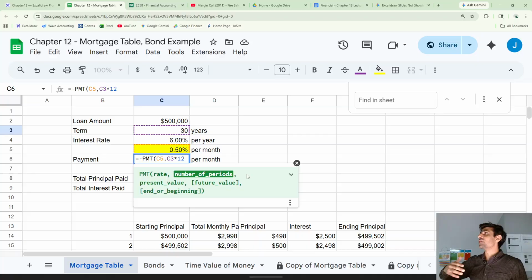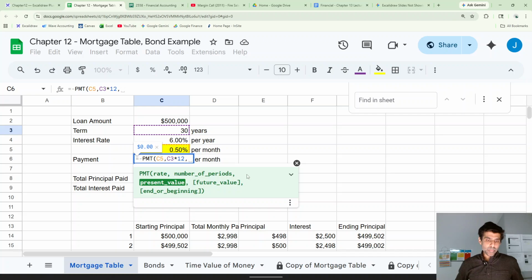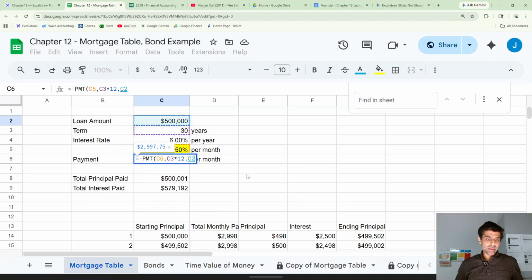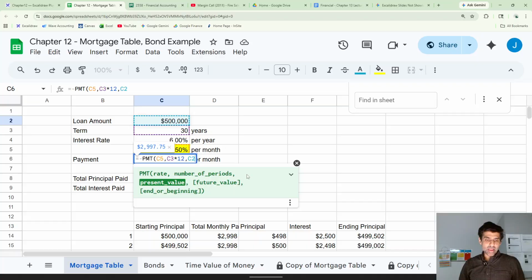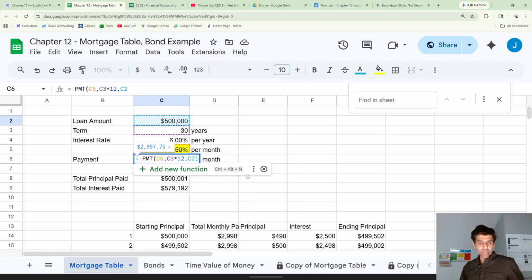We're using a monthly interest. We want the number of months that we're going to pay. Present value is just the amount that you're borrowing, like the loan amount, the starting principal balance. It has some other parameters, but those are optional. You don't need to worry about that. If you want to do further research, they're useful in niche situations. But these are the basic ones.